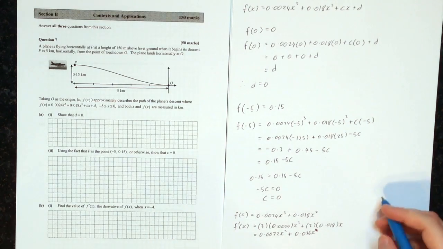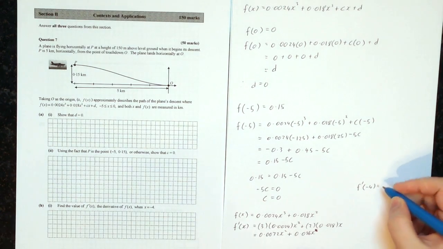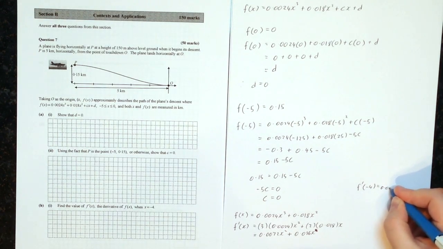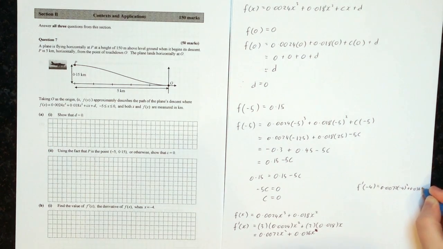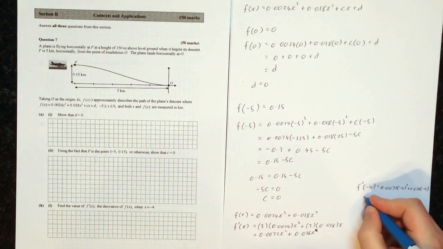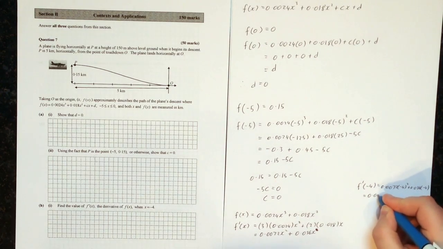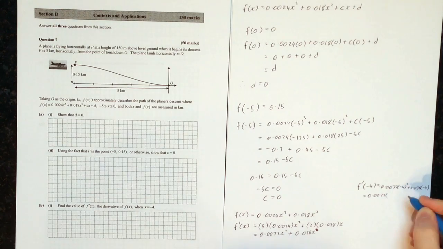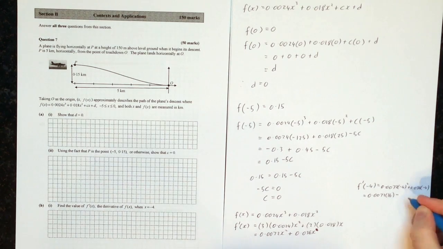We next want to find what is the value of f dash x at x is equal to minus 4. So f dash of minus 4 will be equal to 0.0072 times minus 4 squared plus 0.036 times minus 4. So that will be equal to 0.0072 multiplied by minus 4 squared, which is 16, minus 0.036 multiplied by 4.